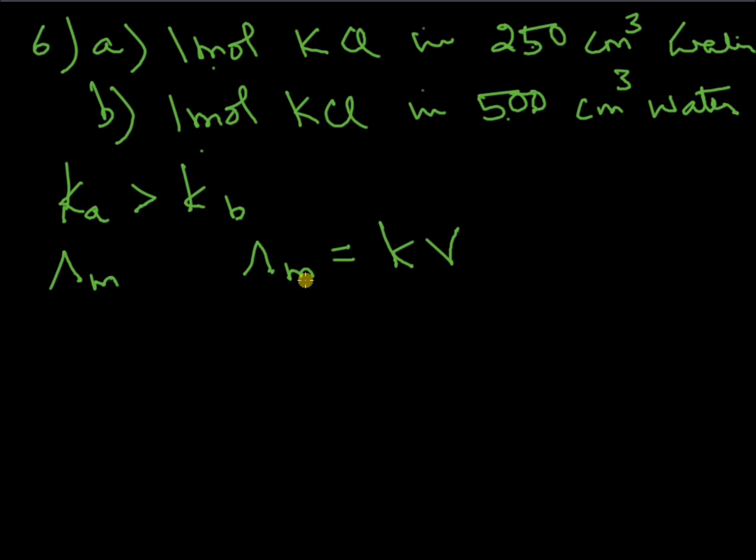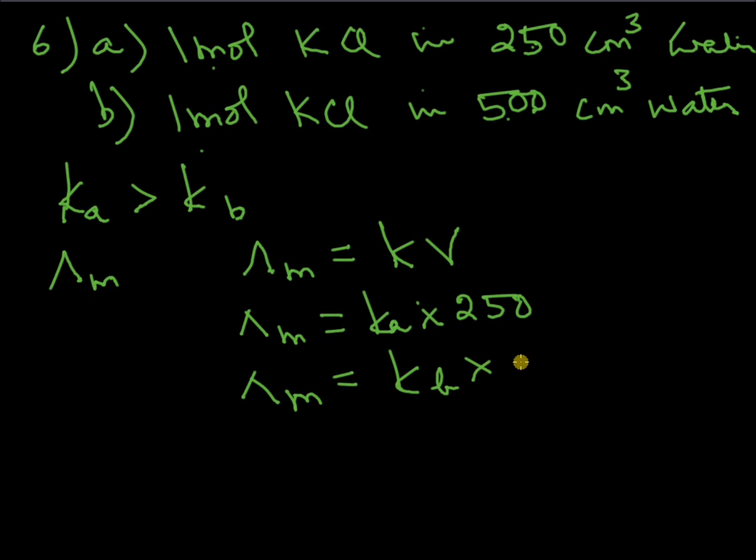In the first case, for the first one we will write lambda m is equal to Ka into 250, because it is 250 centimeter cube of solution. Now for the second one, lambda m is equal to Kb into 500 centimeter cube of solution. You know Kb is lower than Ka, isn't it?